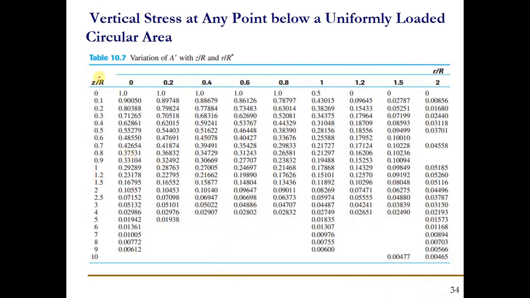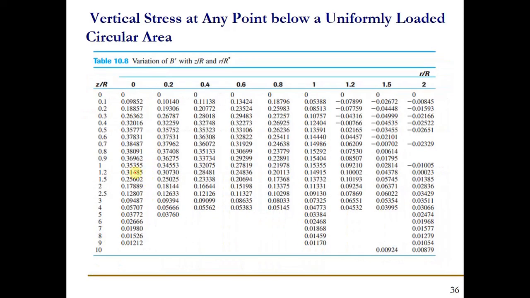As you can see here, various values of z by R are given, various values of r by R are given. These are the values of r by R, these are the values of z by R. For example, for the z by R value 1 and the r by R value 0.2, what is the value of A prime? That is 0.28763.